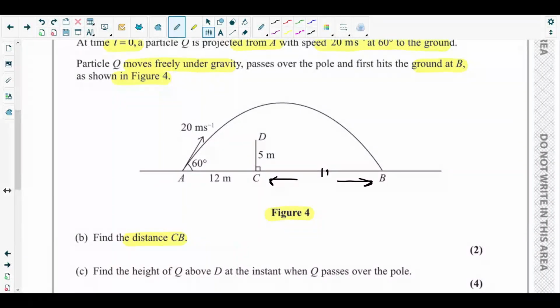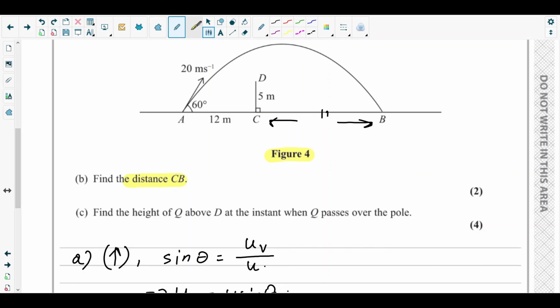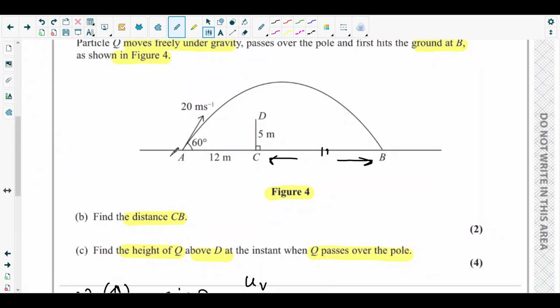Okay, next is part C. In part C, the question is asking to find the height of the particle Q above D at the instant when Q passes over the pole. So we need to find the height of the particle Q over the pole CD as it is passing over the pole.